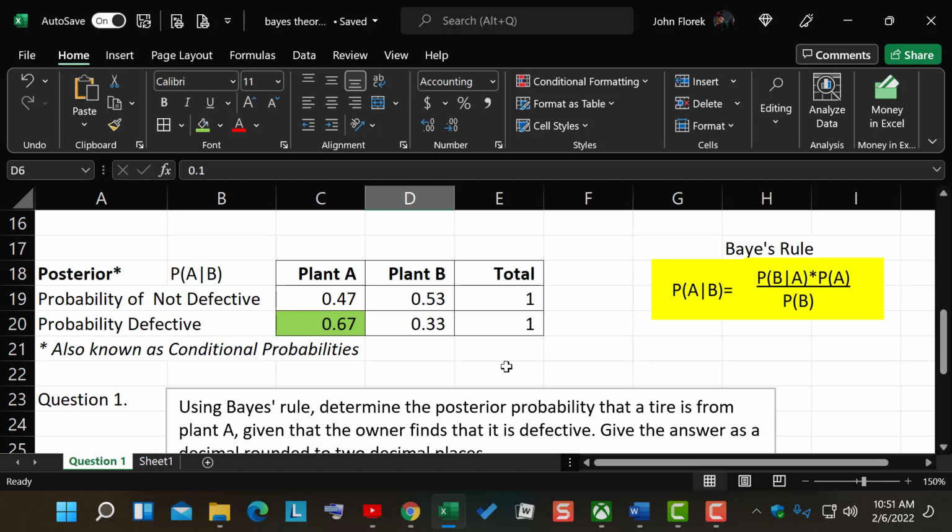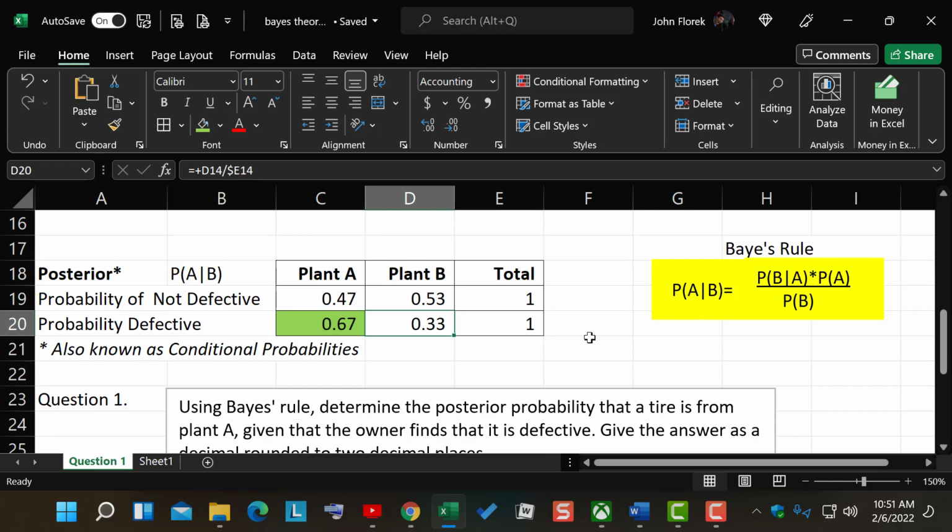Well, it's 67%. Also, Bayes' rule is then also saying that 47% of the time from plant A, they're not defective. And 53% of the time from plant B, they're not defective. And 33% of the time they are defective.